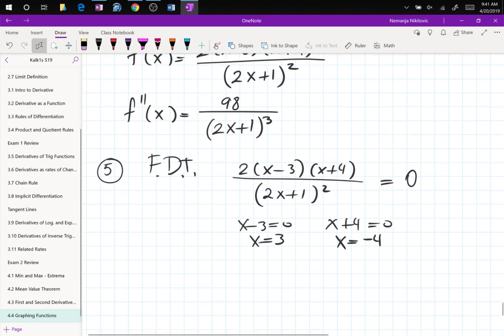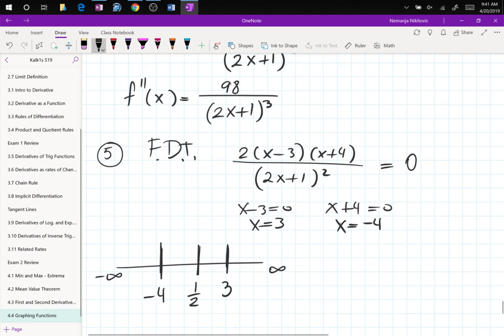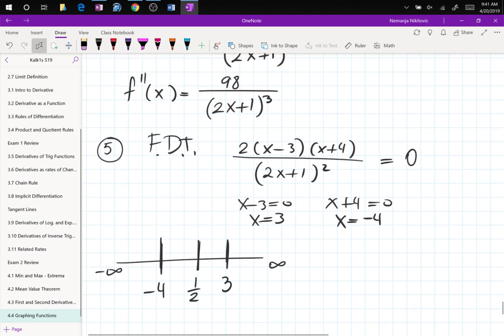So now, what do I have? Well, I have a lot of partitions now. I am on the infinite domain, from negative infinity to positive infinity. What do I have? Partition at negative 4, partition at 1/2, partition at 3. So these are my critical numbers. So I have critical number, vertical asymptote, critical number.